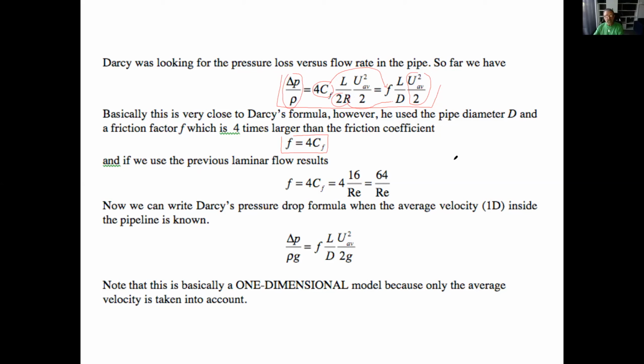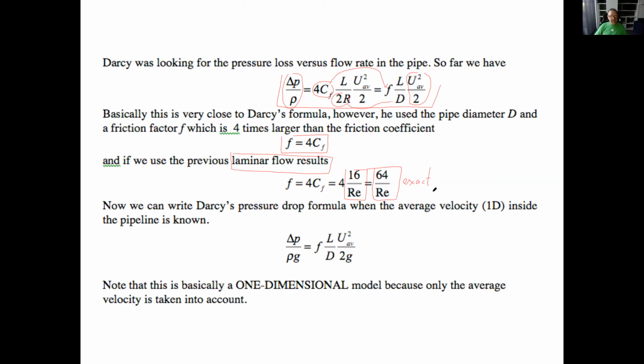So if our result was Cf equals 16 over Reynolds, then his f for laminar flow, the friction factor, is equal to 64 over Reynolds, and this is exact. This is an exact solution, which is also true with experiments. So that's why they call that exact solutions.